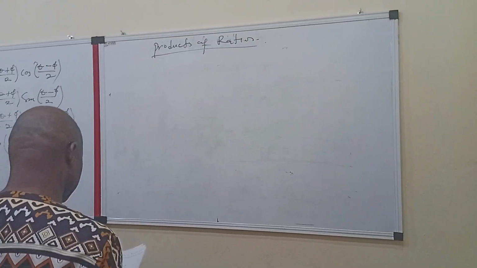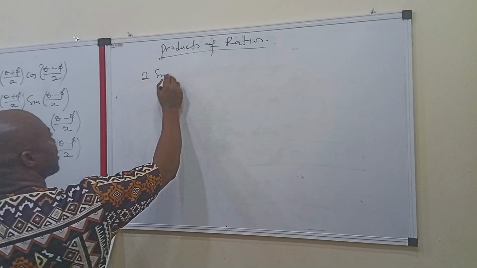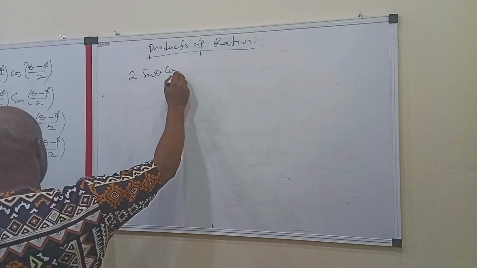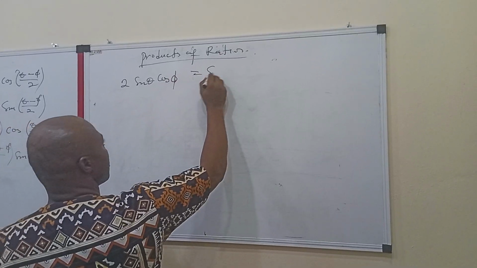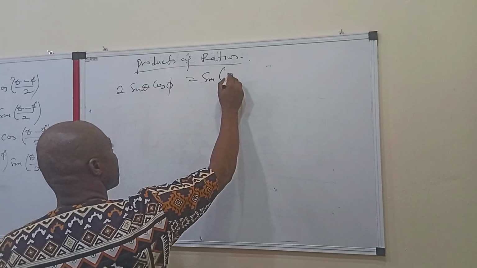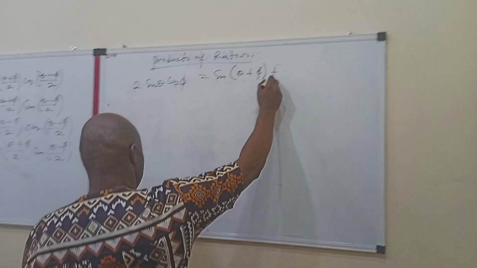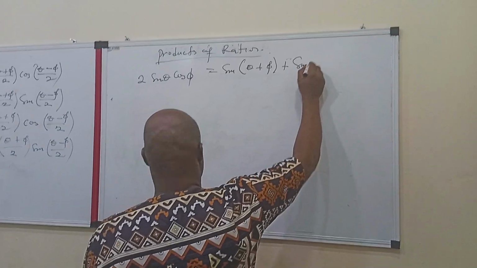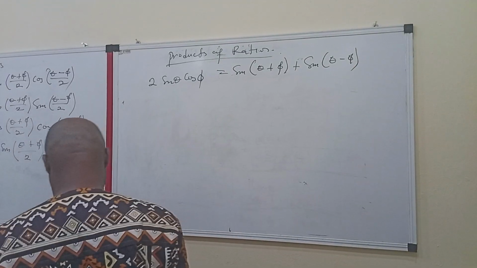For product of ratios, we have 2 sine theta cos phi is equal to sine (theta plus phi) plus sine (theta minus phi).